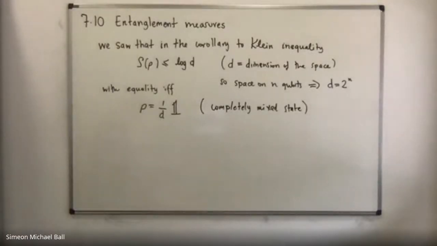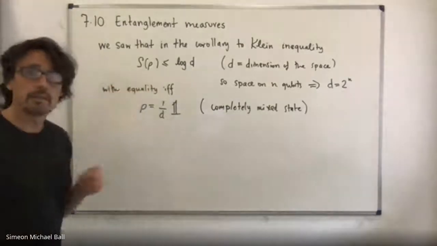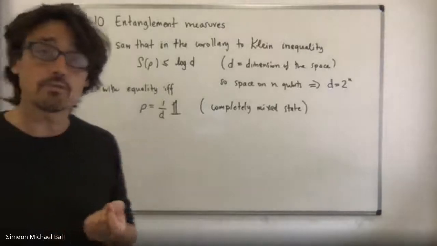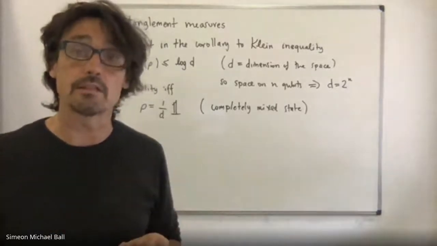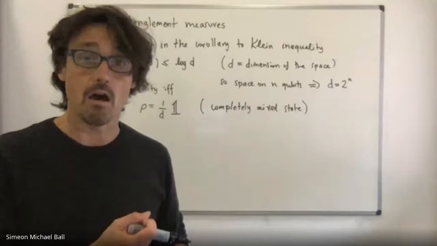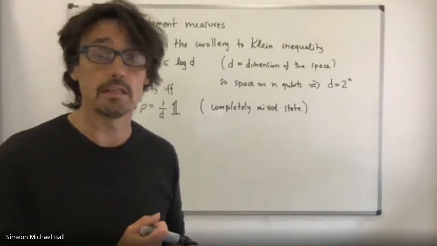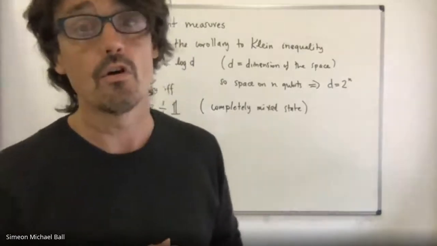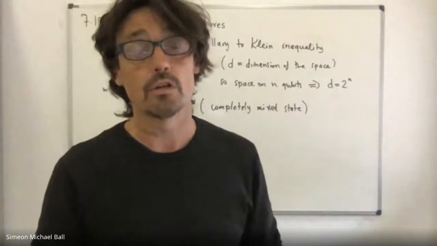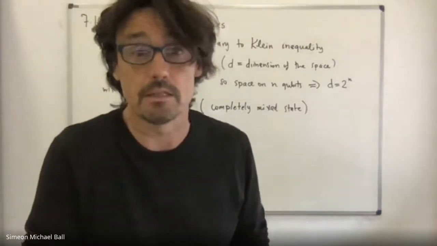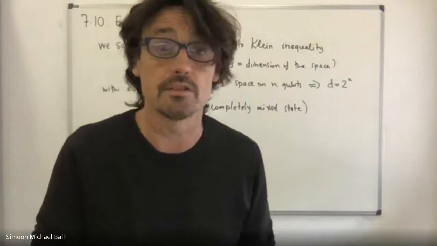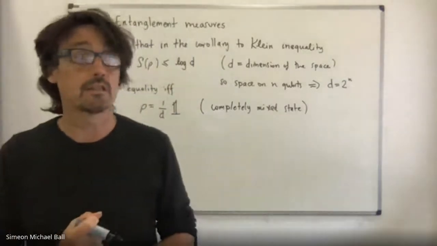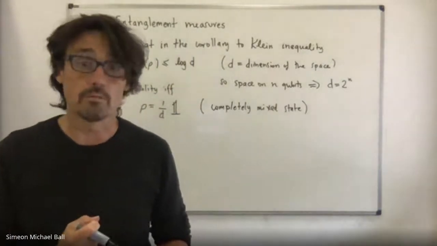Now, in general, the von Neumann entropy of the density operator is difficult to calculate because if you recall, to calculate it, we had to calculate the p_i's, which are the eigenvalues of our density operator rho, which requires basically diagonalization, or at least factorizing the characteristic polynomial.